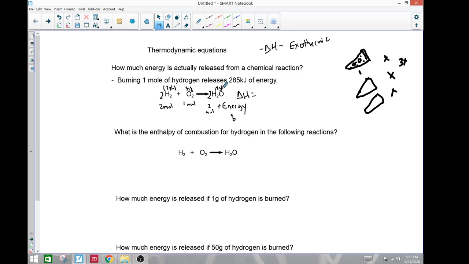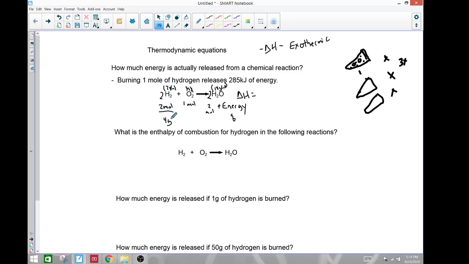Typically, although you don't have to, we use a mole ratio, energy per mole. So 2 moles will give me X amount of energy. In that case, 2 moles happens to be 4 grams, since 2 times 2 is 4.